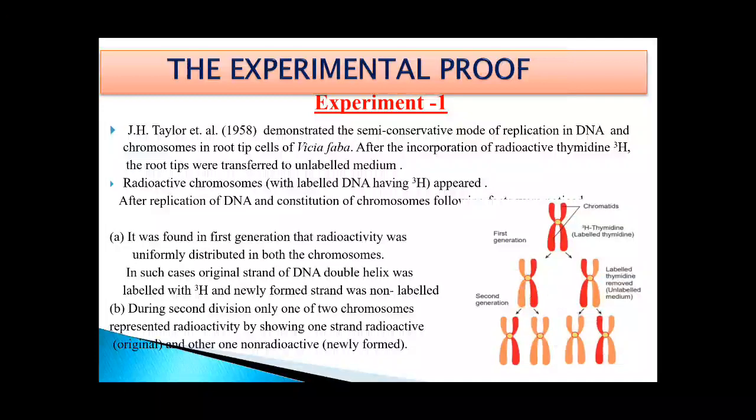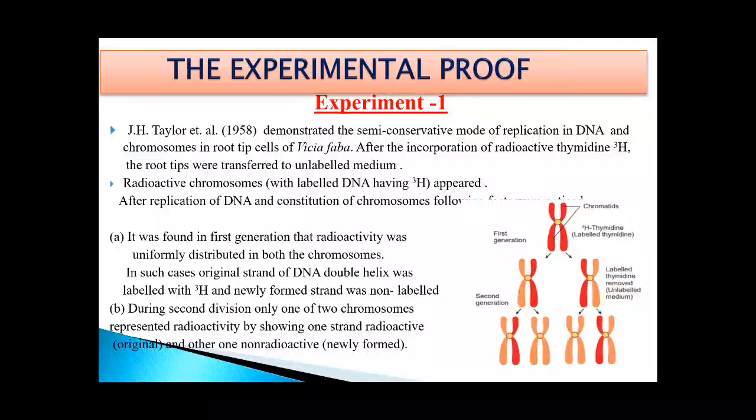Thereafter, the radioactive chemical was withdrawn and replaced with a non-radioactive chemical. Every cell cycle was studied and it was found that in the first generation, after removing tritiated thymidine, one of the two chromatids of each chromosome remained radioactive while the second chromatid was non-radioactive.